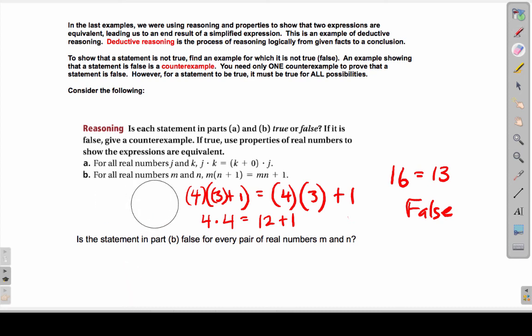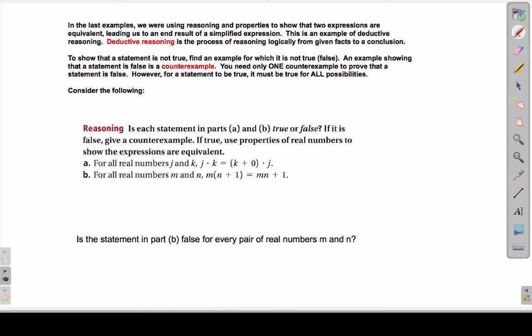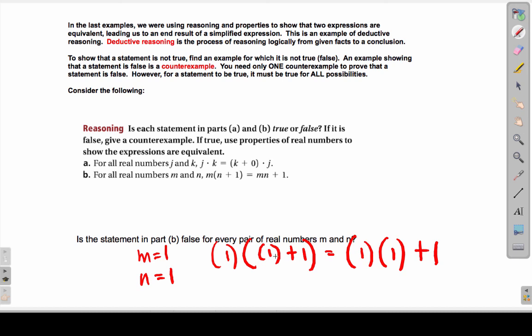So a follow-up question to this is, is the statement in part B false for every pair of real numbers m and n? Meaning, is there a pair of numbers m and n where maybe that is a true statement? And if you take a look at it for a minute, maybe you'll come up with a pair of numbers where it is actually true. If you let m equal 1 and n equal 1 as well, substitute those values into our expression, we will add this first. 1 plus 1 is 2.